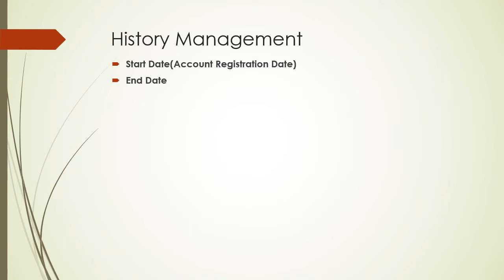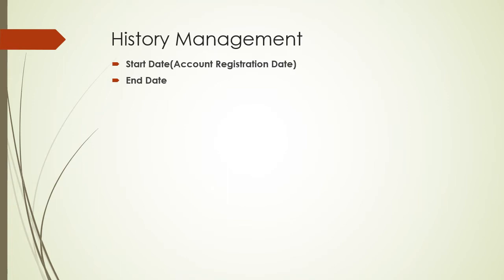So the end date will become the date on which this record is inserted. So you have now two records. I'll show it to you through this example, so we can discuss this in detail.